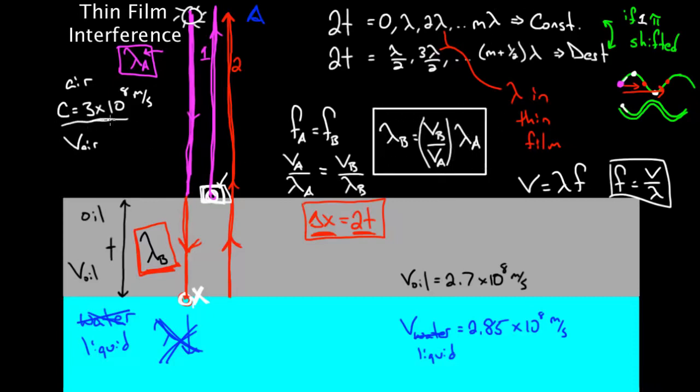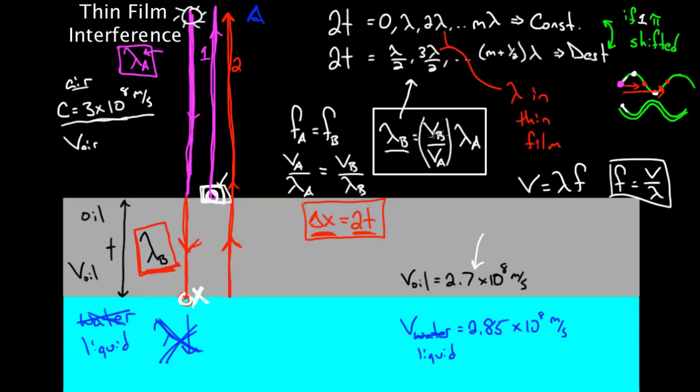Remember, I gave you the speed of the light in the air, which you can look up online, and the speed of the light in the oil, I just told you what that was. If you're given these speeds, take the ratio, speed of light in oil divided by speed of light in air, multiply by the wavelength in the air, the first medium, and you'll get the wavelength in the second medium, which is the oil. This is what you'd plug into these formulas up here.